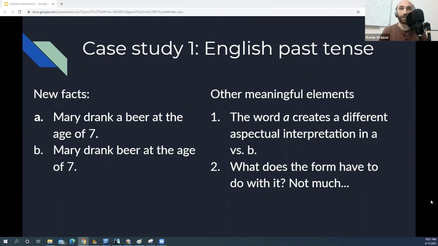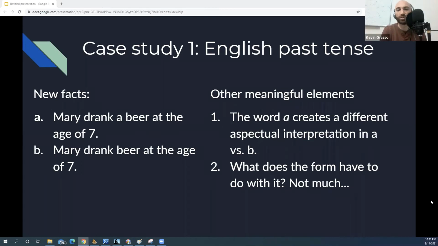Okay, so quick question. When you say B is habitual, would that be imperfective? Yeah, so it would often be taken to be imperfective because we don't know whether Mary's drinking continued past age 7 or not, right?